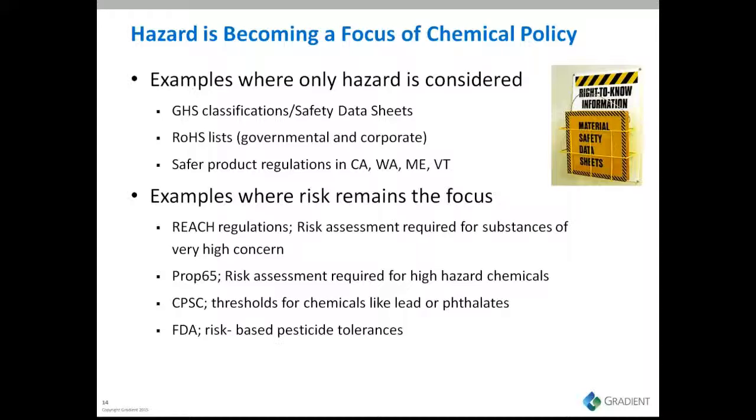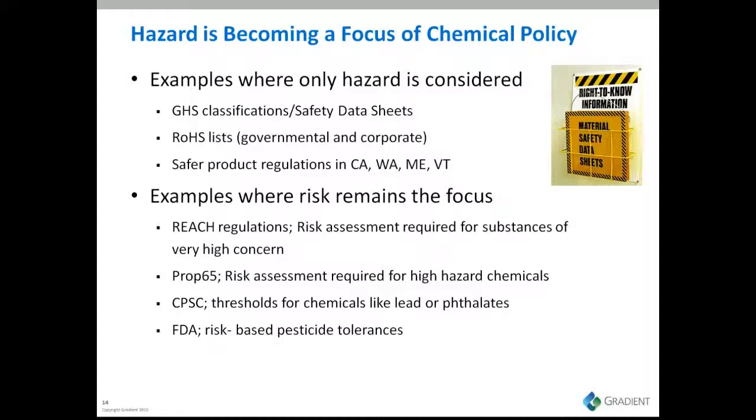And also a number of safer product regulations, for example, the Safer Consumer Product Regulations in California that some of you may have heard about, as well as other similar regulations that have been adopted in Washington, Maine, and Vermont. And we can expect that to continue in other states in the coming years.